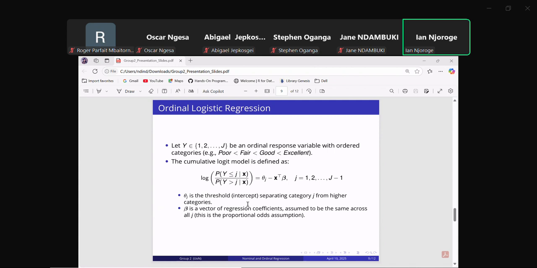As defined, theta_j is the threshold separating the categories, and beta is a vector of regression coefficients assumed to be the same across all j. This is the proportional odds assumption.